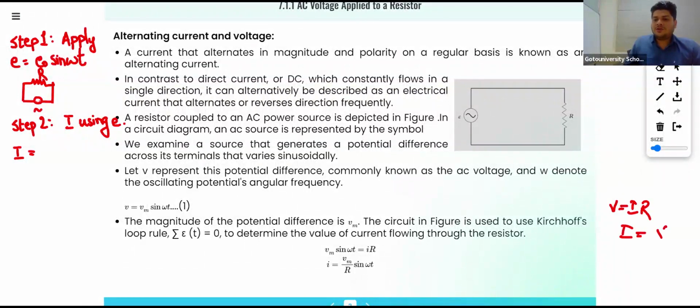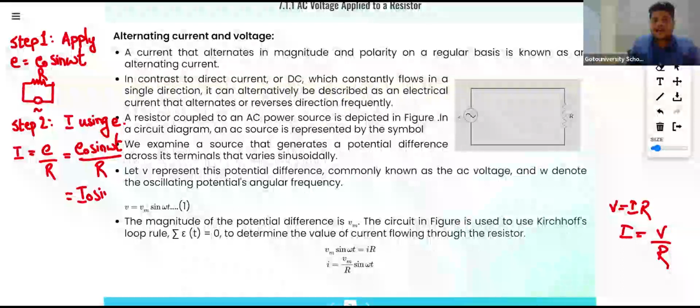That means I will be equal to V upon R. Here the role of V is played by E. So this will be E upon R. What is E? E will be E naught sine omega t upon R. If E upon R is current, then E naught upon R will be I naught. So that will be I naught sine omega t.